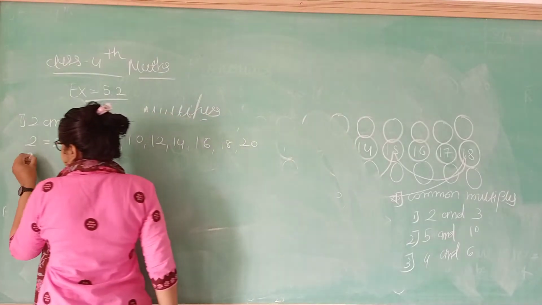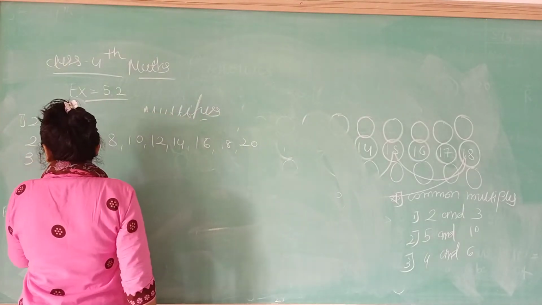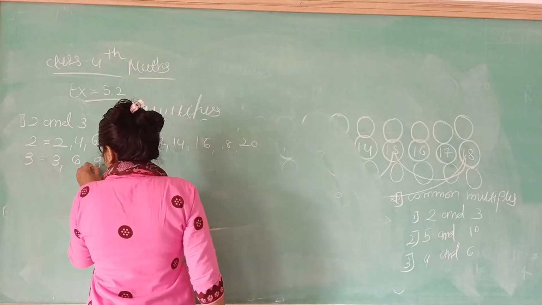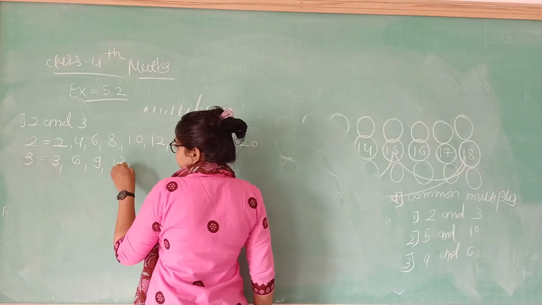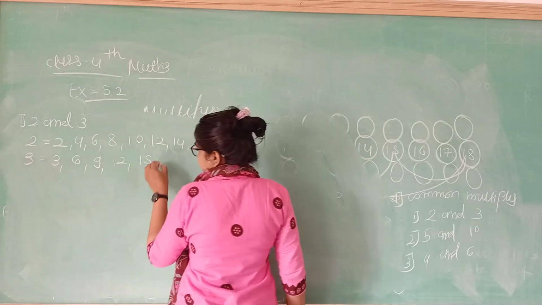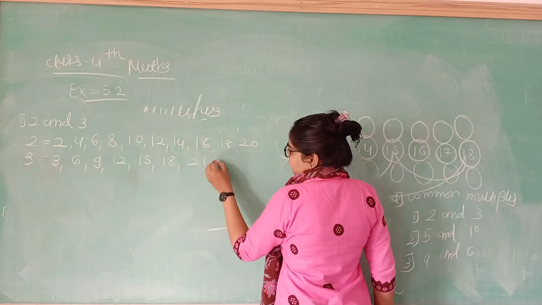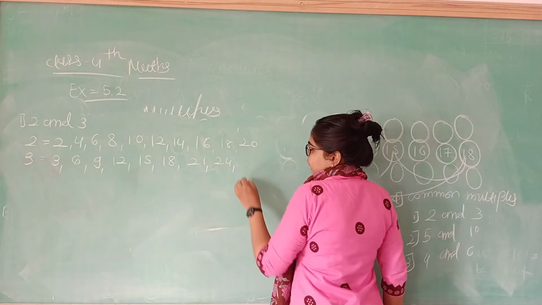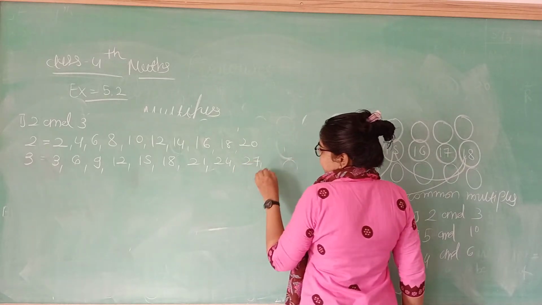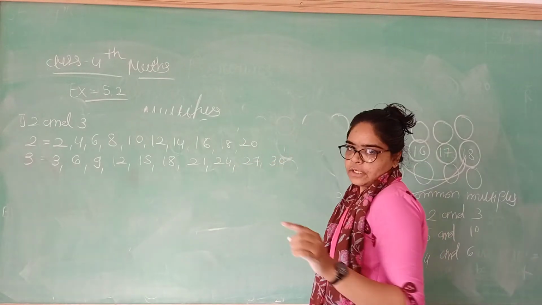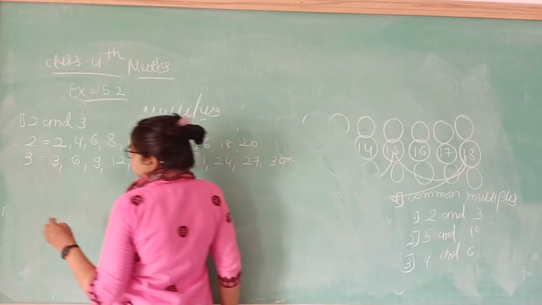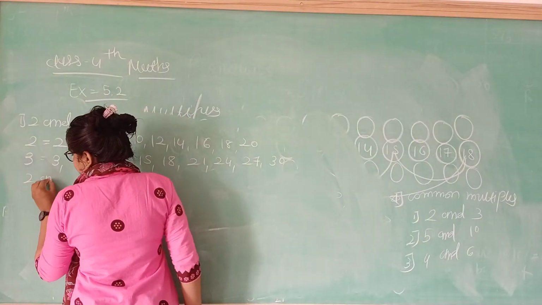Then write down the 3 table: 3 ones are 3, 3 twos are 6, 3 threes are 9, 3 fours are 12, 3 fives are 15, 3 sixes are 18, 3 sevens are 21, 3 eights are 24, 3 nines are 27, and 3 tens are 30. What are the common multiples of 2 and 3?